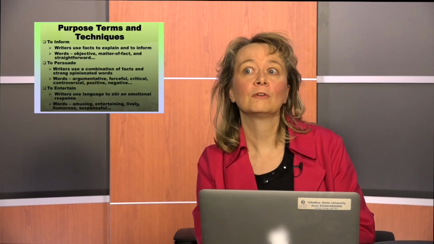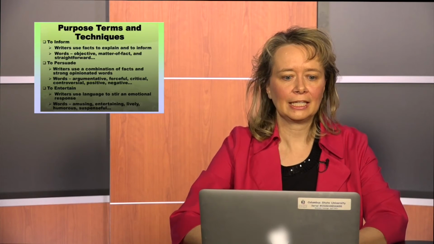Words to pay attention to are terms that are argumentative, forceful, critical, controversial, but they can be positive or negative. When the purpose is to entertain, writers use language to stir an emotional response. So types of terms to look for are terms that are amusing, entertaining, lively, humorous, or suspenseful.